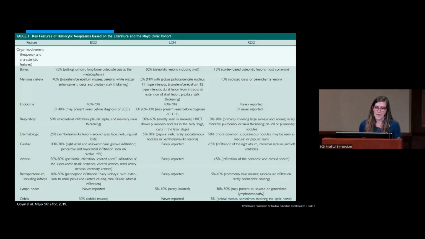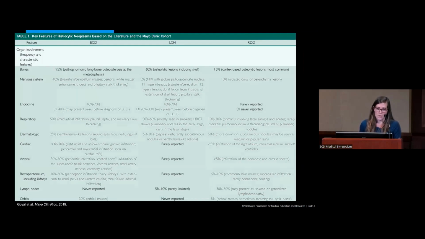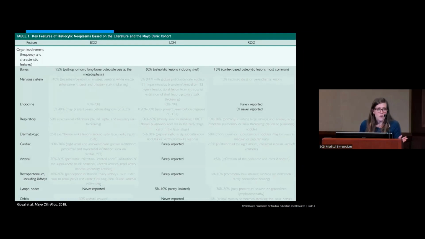So this is a nice table comparing the different organ involvement of the histiocytic neoplasms, including Erdheim-Chester disease, Langerhans cell histiocytosis, and Rosai-Dorfman disease, and I want to focus your attention on a few areas. So in Erdheim-Chester disease, we all know the bones are the most common site of involvement, and those are going to be sclerotic lesions.